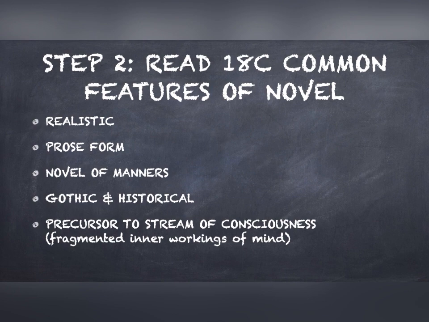Then we also get to witness Gothic and historical novels. Gothic are the horror novels, like The Castle of Otranto. So we get to witness these kinds of novels as well, because we cannot forget that 18th century novels are the precursor to stream of consciousness.